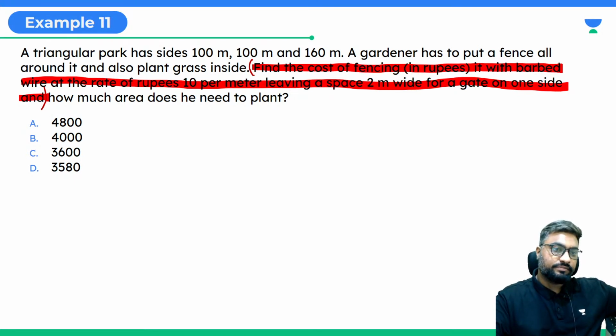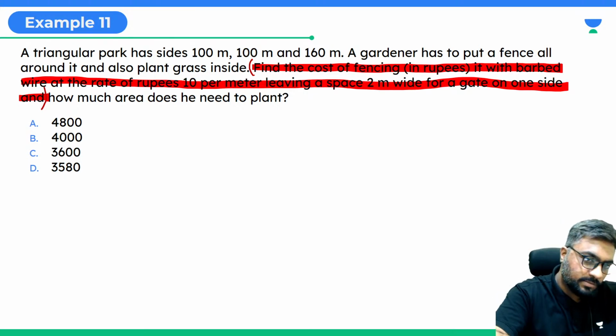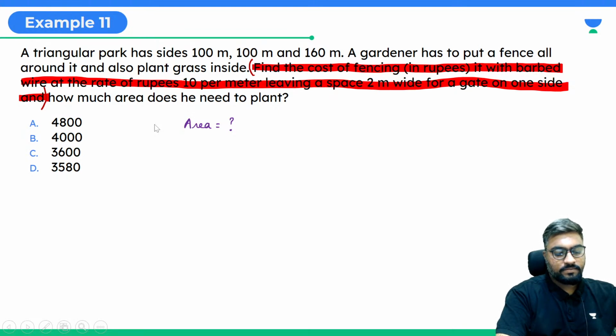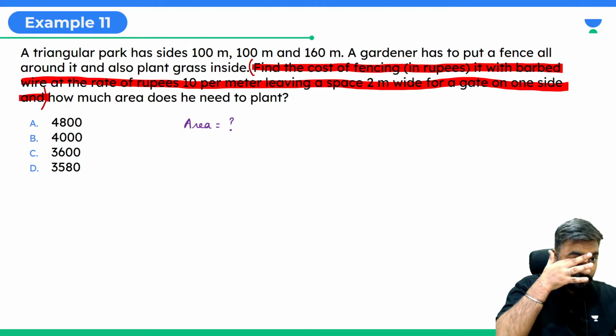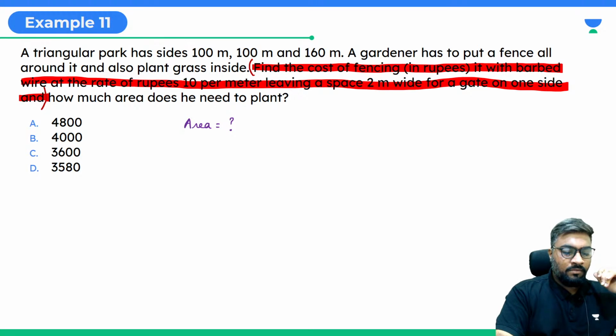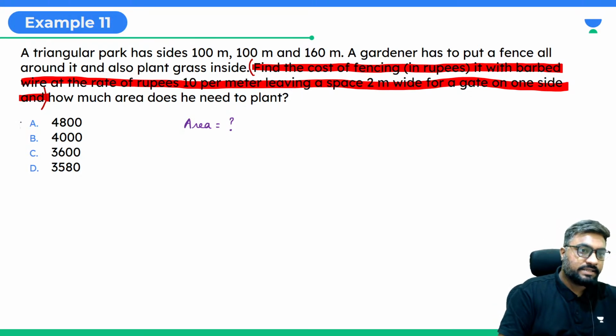Find out the area, guys. Vedant says A. Superb.